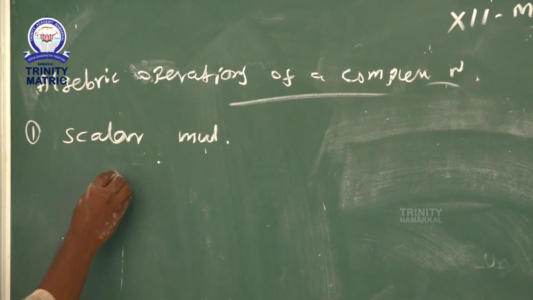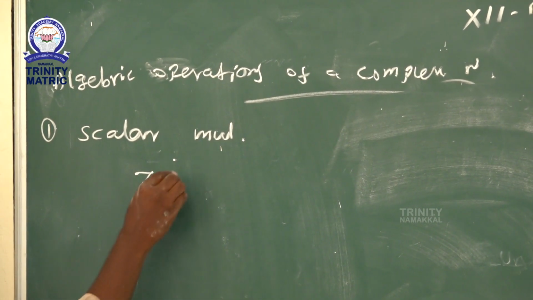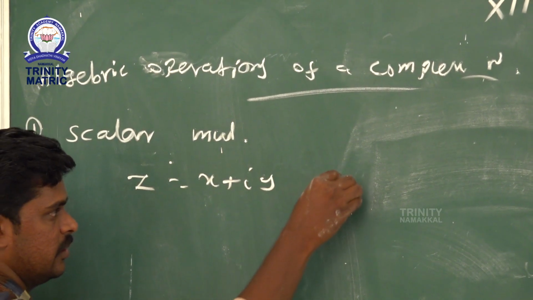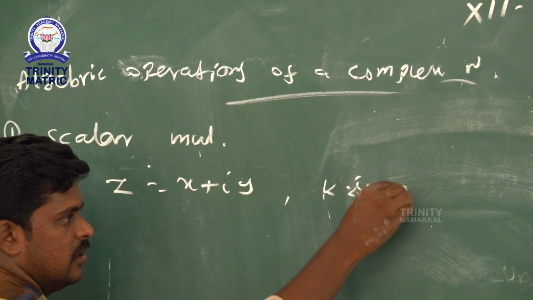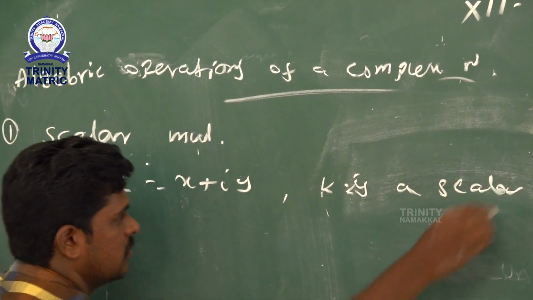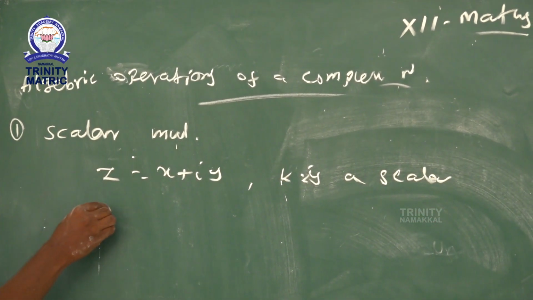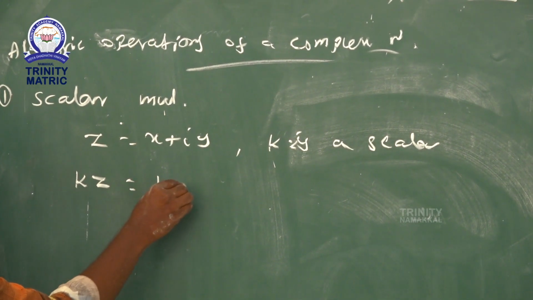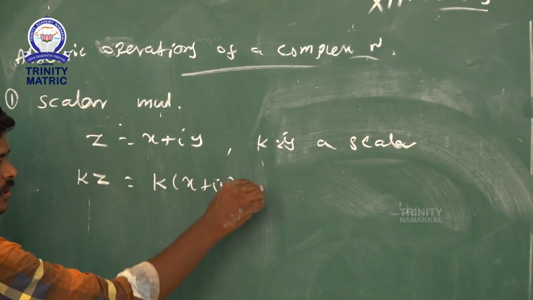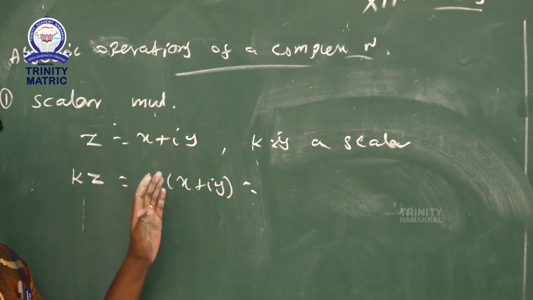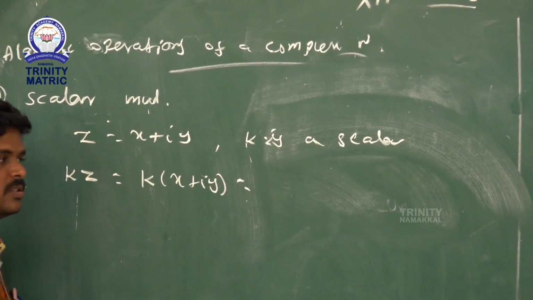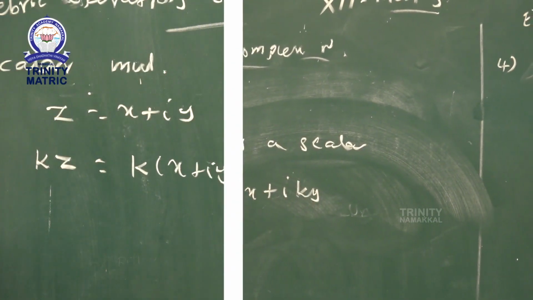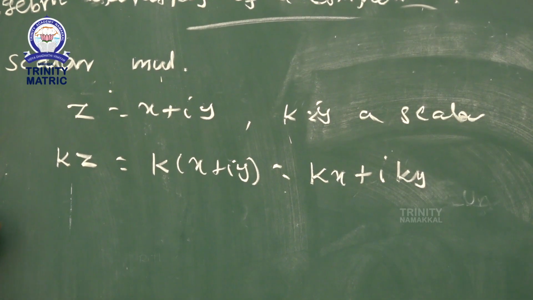Scalar multiplication means I give you one complex number z equal to x plus iy, and k is a scalar, and then kz is a scalar multiplication. kz means k into x plus iy. Here k multiplies the real and imaginary parts separately. So kx plus i into ky. Next, addition of complex numbers.